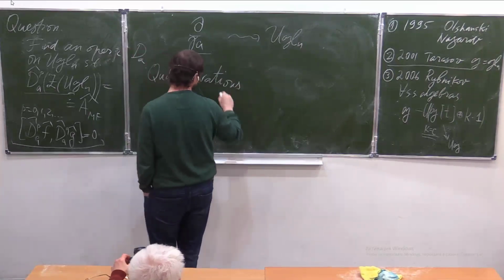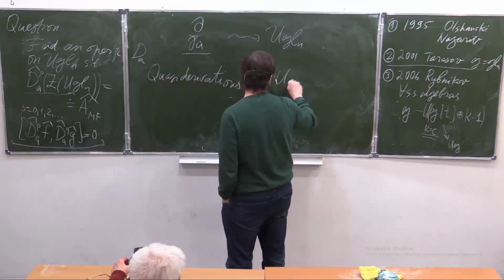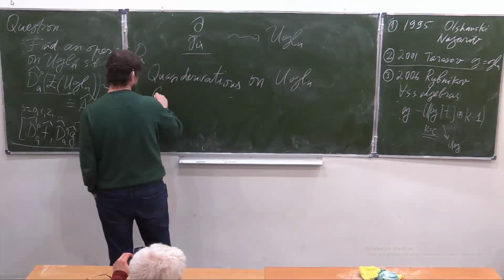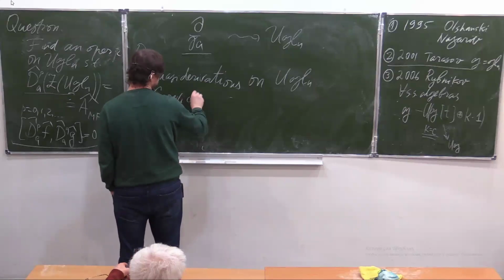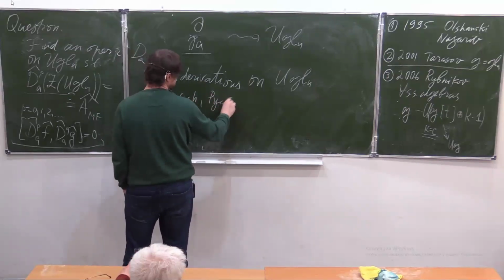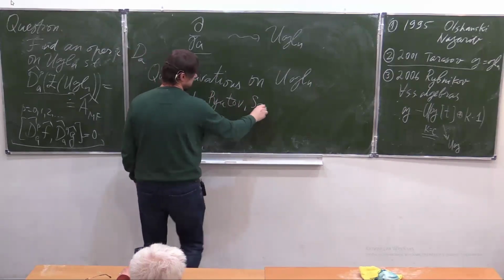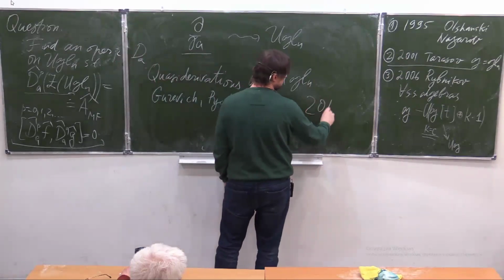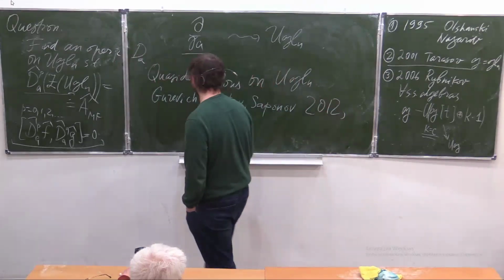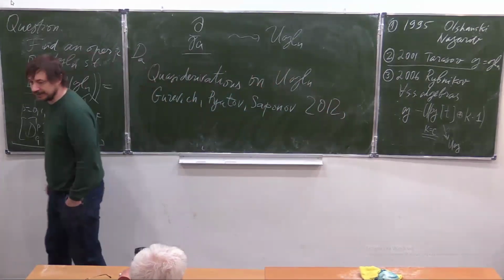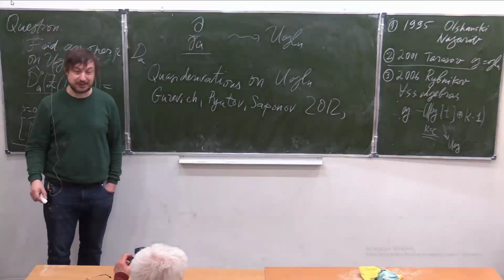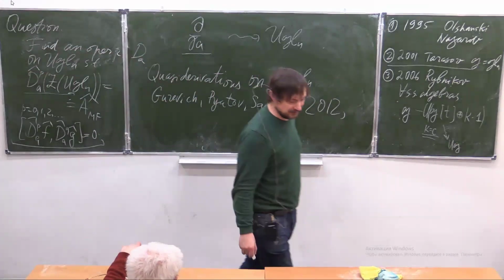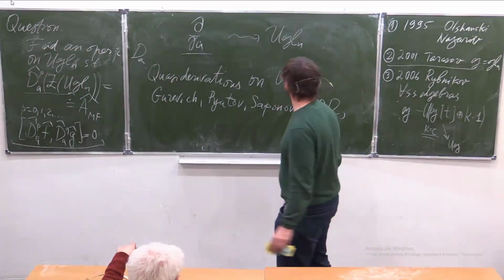They were first introduced by Gurevich, Pyatov, and Safonov in 2012, although I'm sure they appeared in various guises a long time before that. I'm almost sure they were known to at least Greenfield.